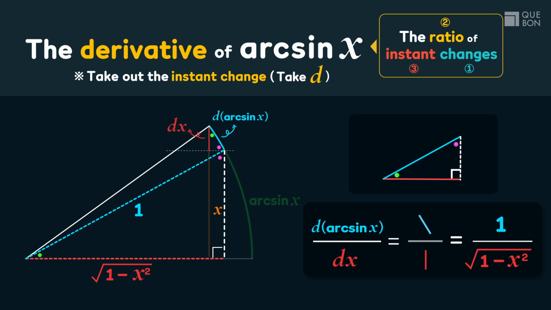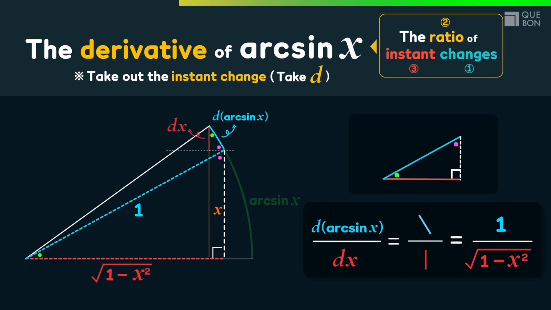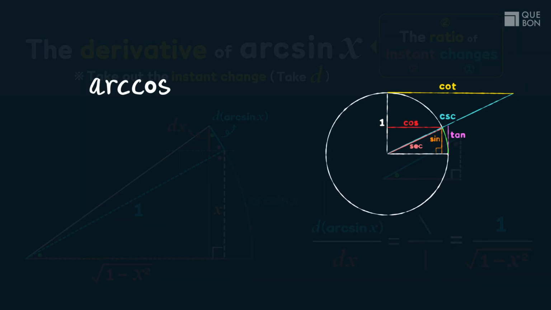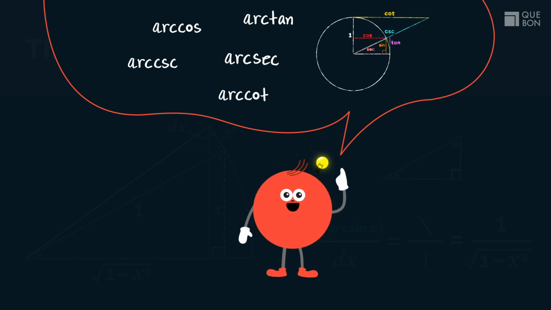But now, we truly grasp its meaning, not just the formula. Even better, once you understand the Gaibong way, arccosine, arctangent, arcsecant, arccosecant, even arccotangent, they all become easy.